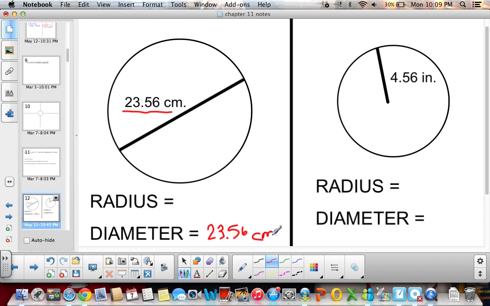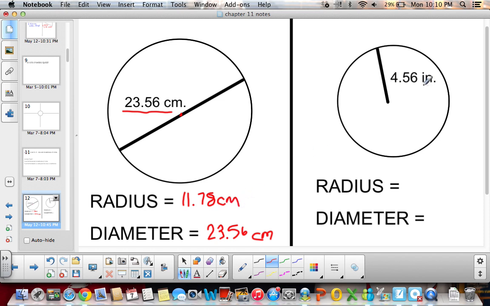And then the radius is half of the distance. So the radius would be from here to the one side of the circle. So we would take 23.56 and divide it by 2, and we would get 11.78 centimeters.